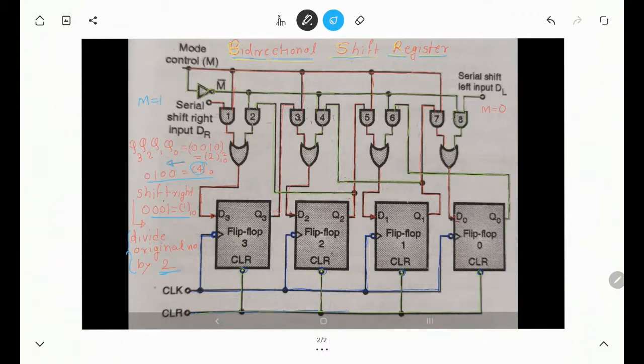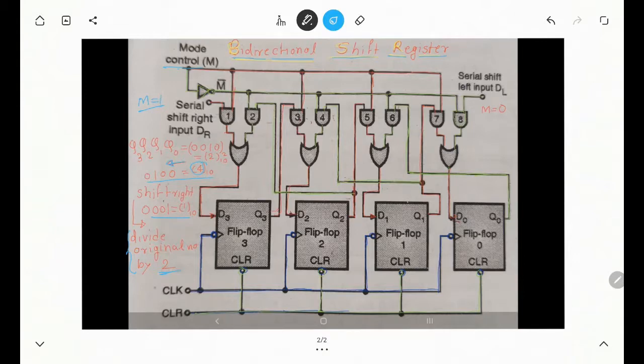Here in this diagram we are considering 4 D flip-flops, and this mode control decides the right shift and left shift. Suppose this control mode M is equal to 1.